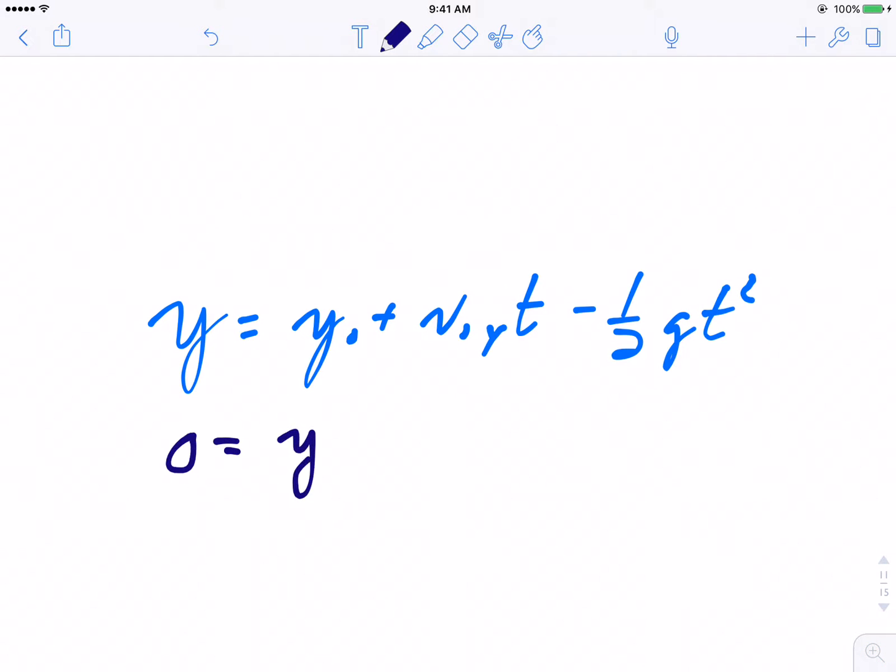We've got y initial, we have y initial as 1.5 meters. We saw that v_oy, we said that was 0, and that's a big deal because if you didn't know that, you would also have another unknown and you wouldn't be able to solve this. So if you didn't recognize v_oy as 0, you're not getting anywhere with this problem.